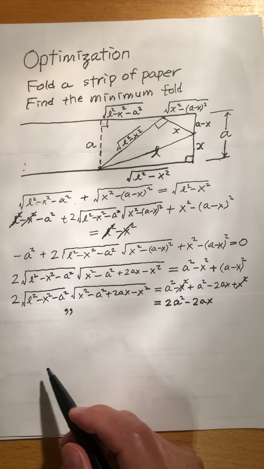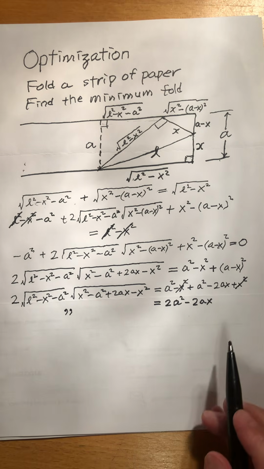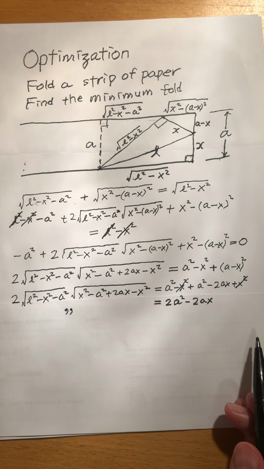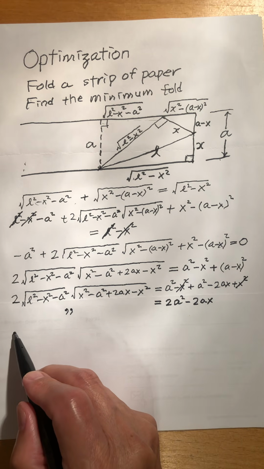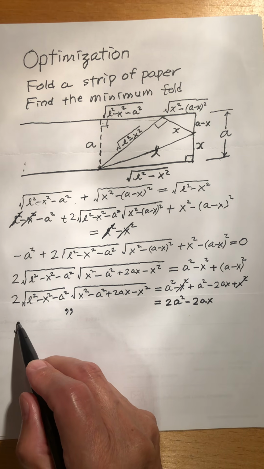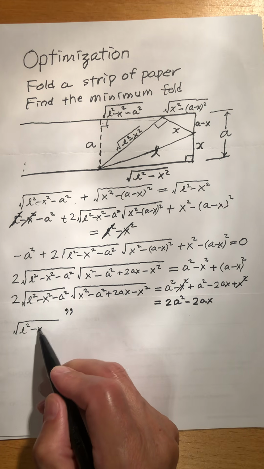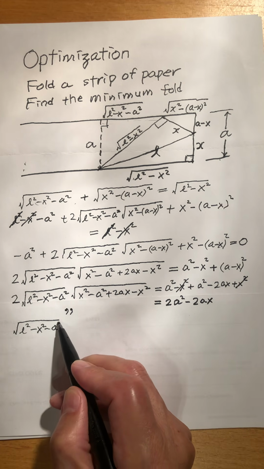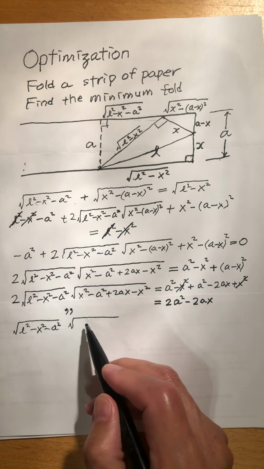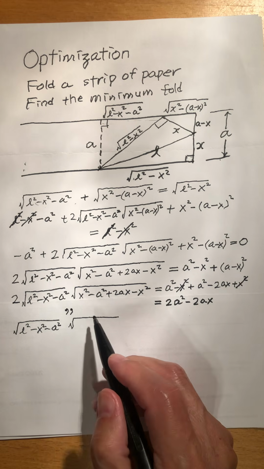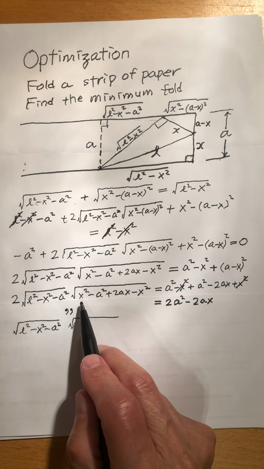Now you see, I have 2 here, and 2 here, 2 here. So if you divide everything by 2, the 2 is gone. So I have this now. Divide by 2. So 2 is gone. Oh, wait. Okay, here. I just noticed that I can simplify this.